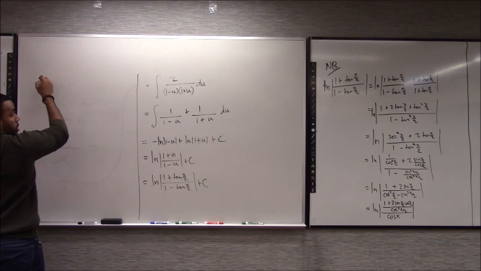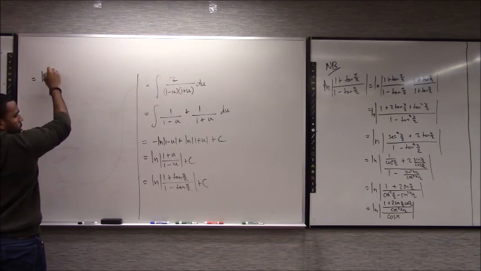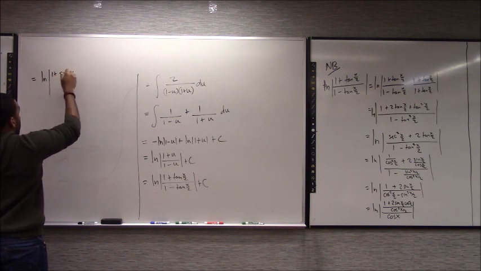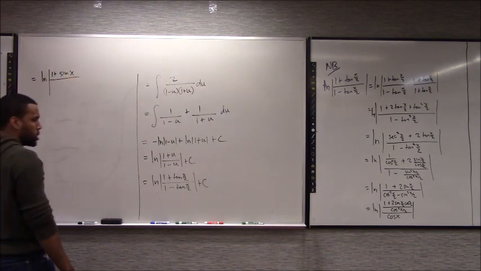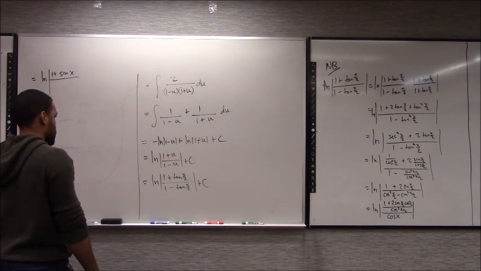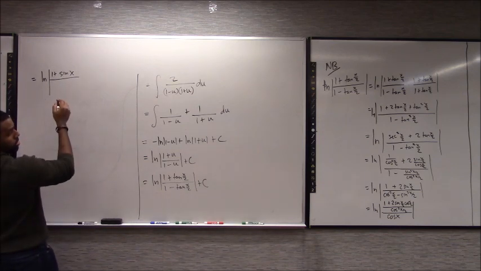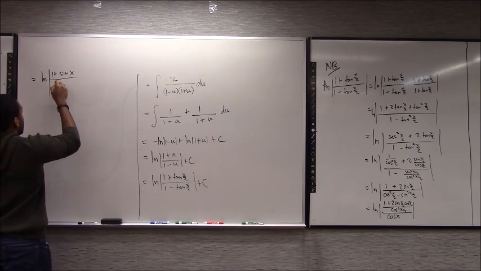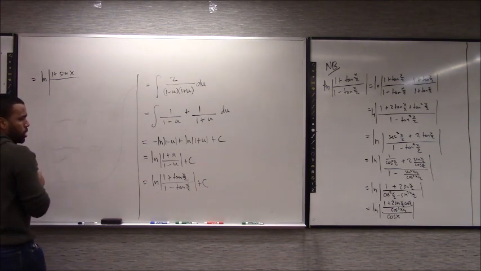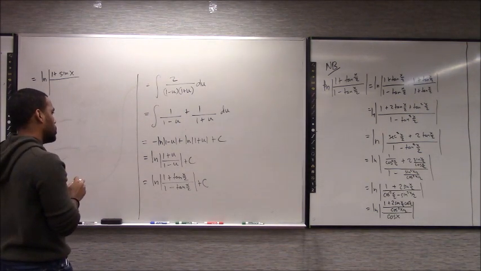That will be equals ln of 1 plus sine of x, because that's the double angle formula for sine. And we'd have here the cosine squared x over 2.